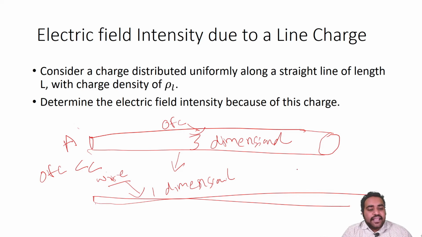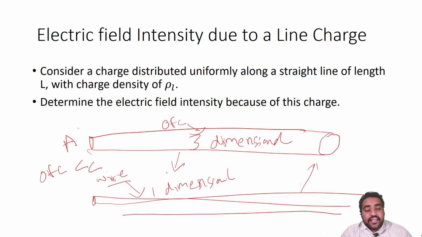For example, distance from the wire. Distance from the wire might be much larger than the cross-sectional area of the wire. Hence, the cross-sectional area of the wire would be neglected and it is considered only to be a one-dimensional body.